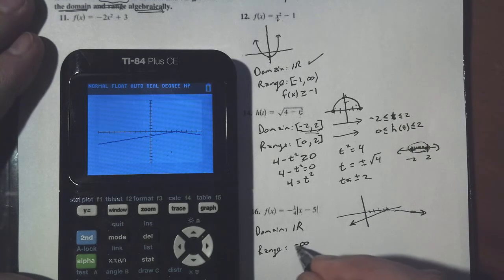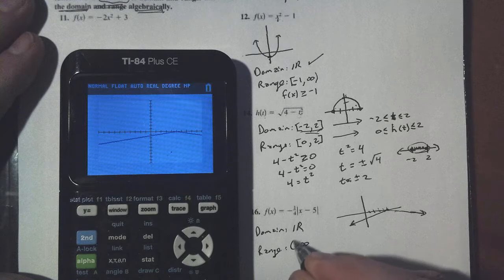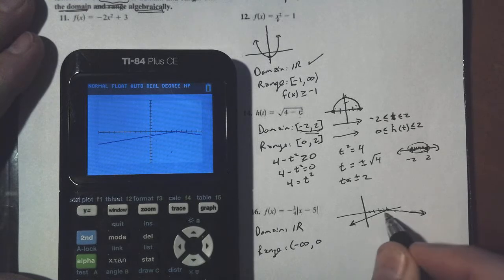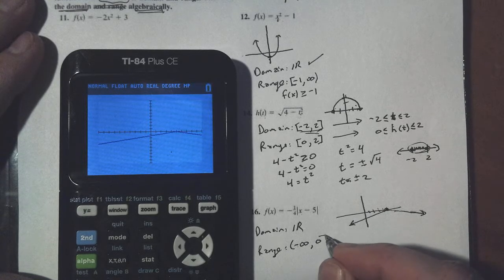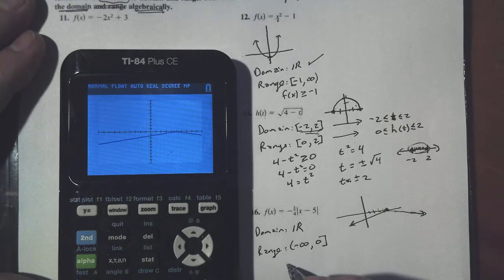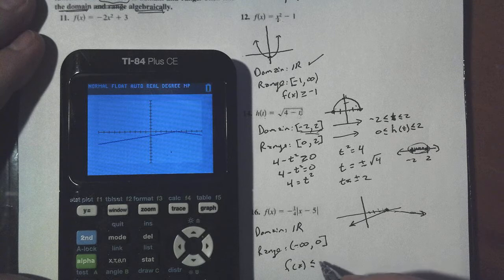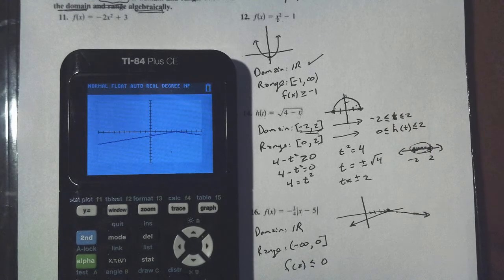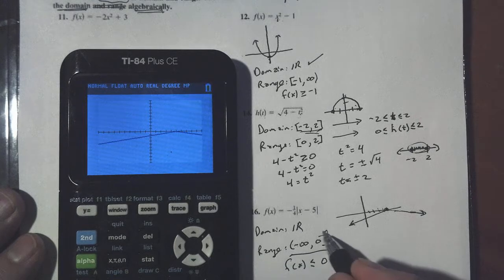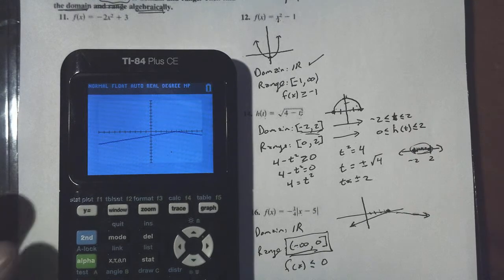So that's negative infinity, can't get to negative infinity, parenthesis, up to 0. We actually do get to 0 in this case. Or f of x is less than or equal to 0. Either of those answers, we're moving to a place where we'd actually prefer that.